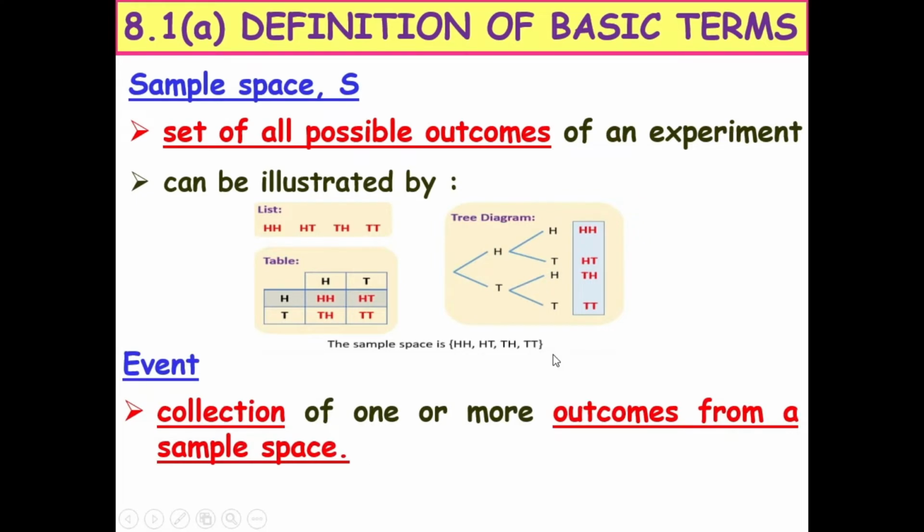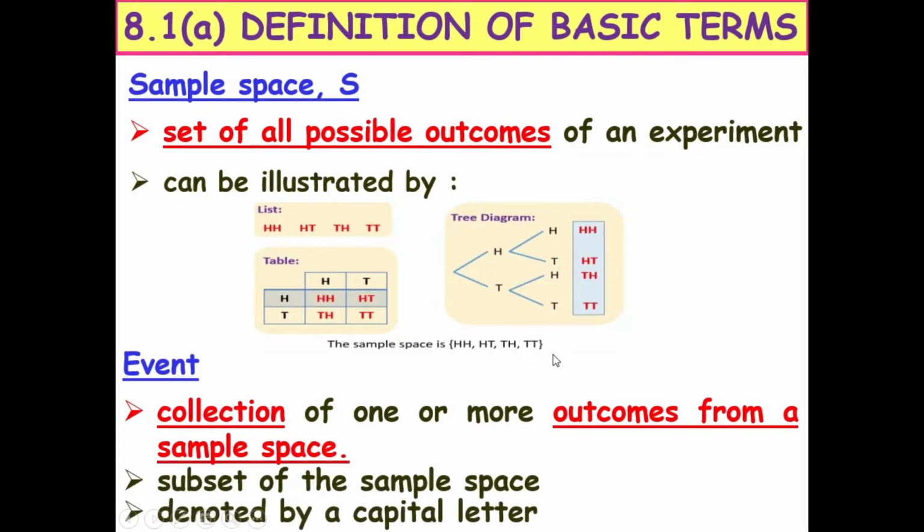An event is a collection of one or more outcomes from a sample space. It is a subset of the sample space, also denoted by a capital letter.